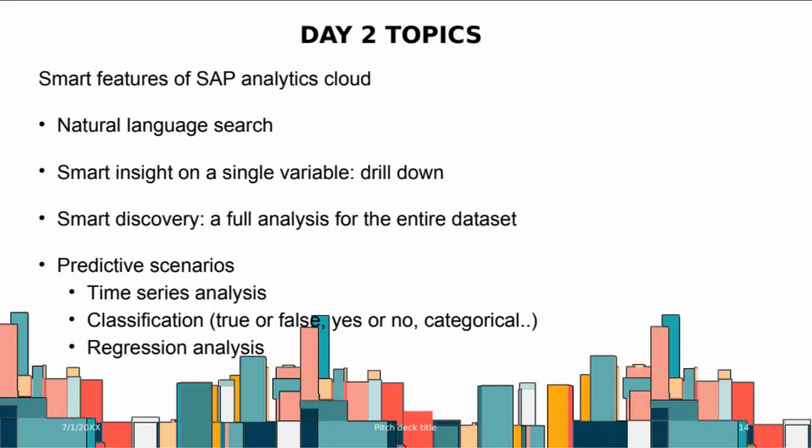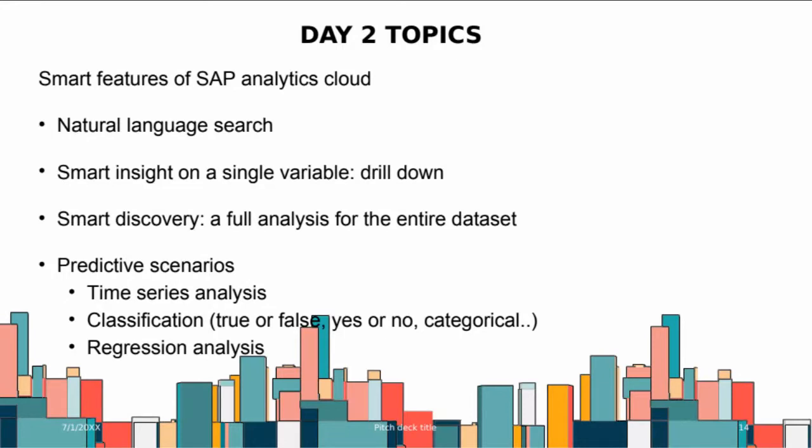Then you can use smart discovery to get a brief idea of the influencers, and what model you can run: classification, time series or regression. SAC will give the best approach based upon the system, so you have some idea to start with your data and dig deeper in the future.